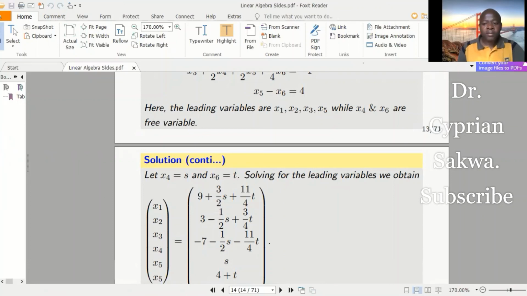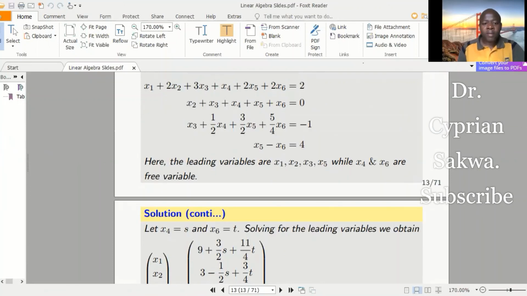I moved up and made x2 the subject because I already have x3, x4, x5, and x6. Substitute x3, x4, x5, and x6, and make x2 the subject. Doing that left me with x2 as 3 minus half s plus 3/4 t.